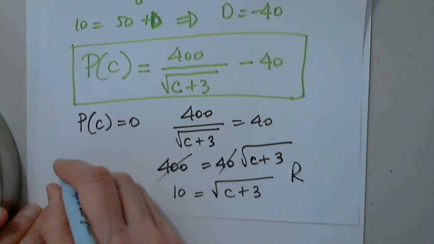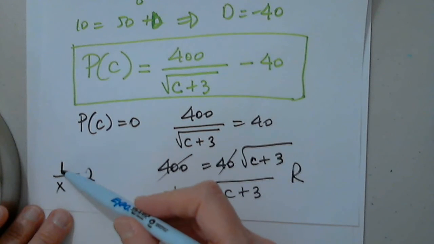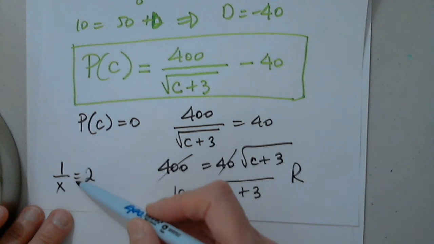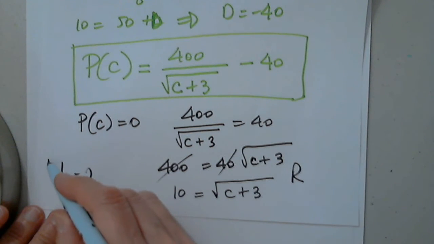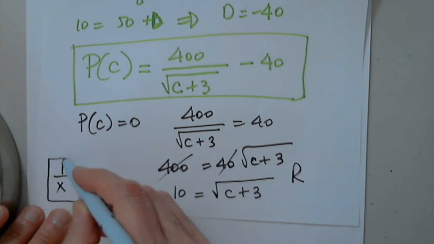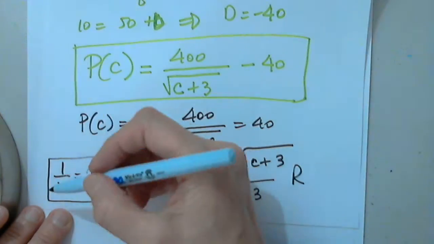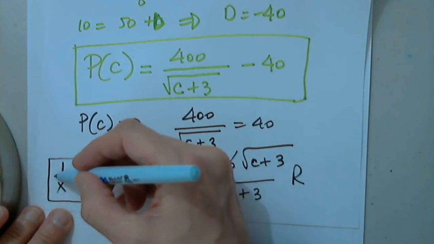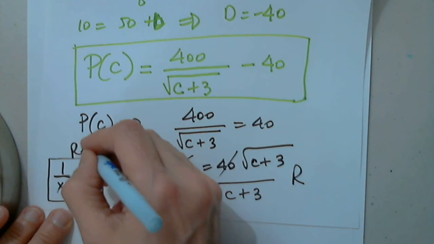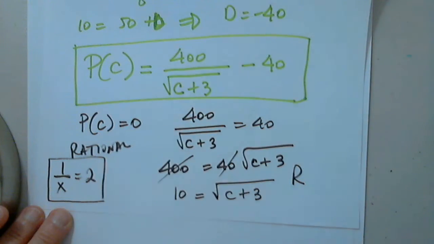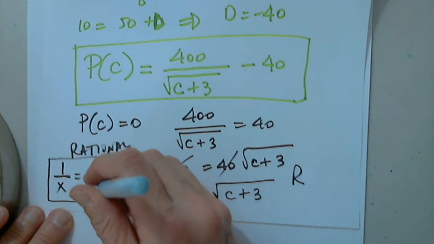Okay, let's look at this one. 1 divided by x equals 2. What will this be? Of course, not connected to the problem. Here I use the word divide, quotient. This is rational. Wouldn't x equal 1/2? Yes, but what type of equation is it?